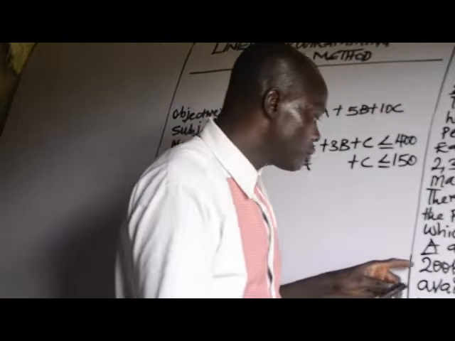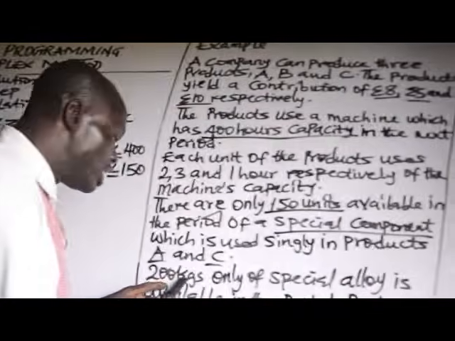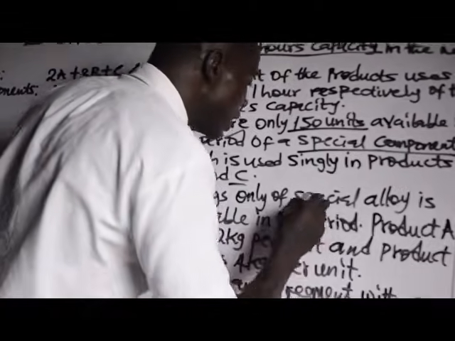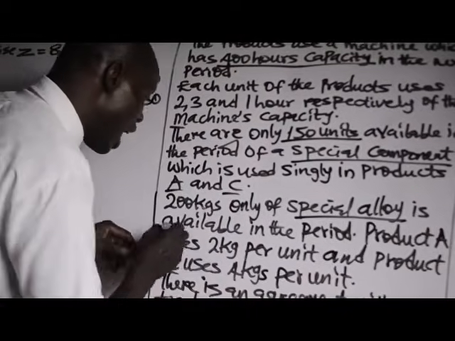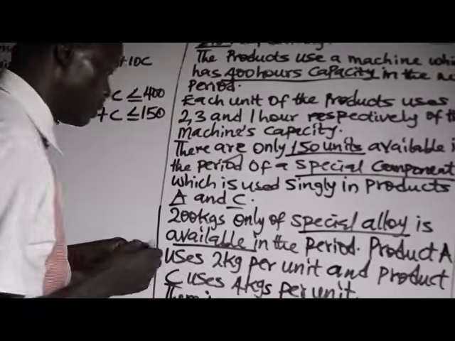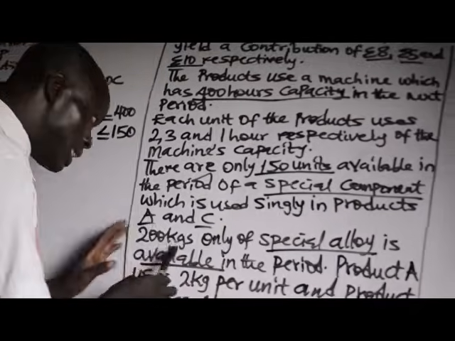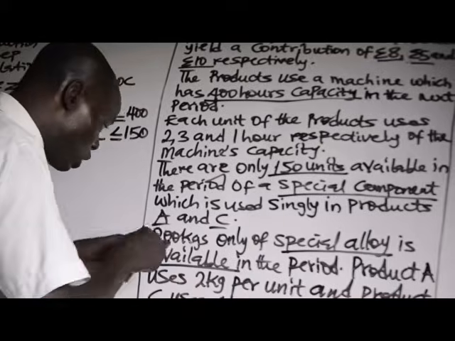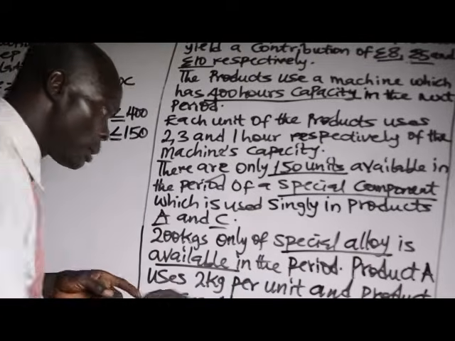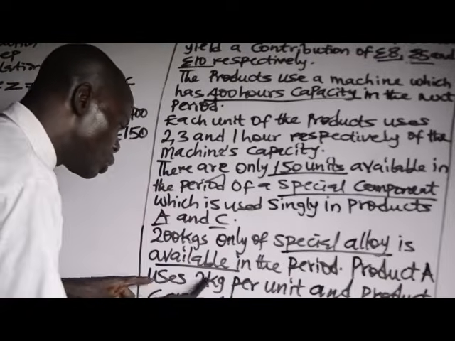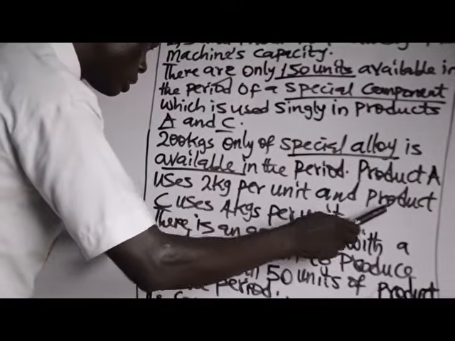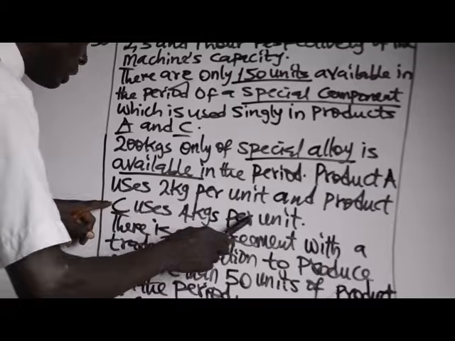Then 200 kgs only of special alloy is available in the period. Special alloy, 200 kgs is only available. That is also a constraint. Product A uses 2 kg per unit, and product C uses 4 kg per unit.